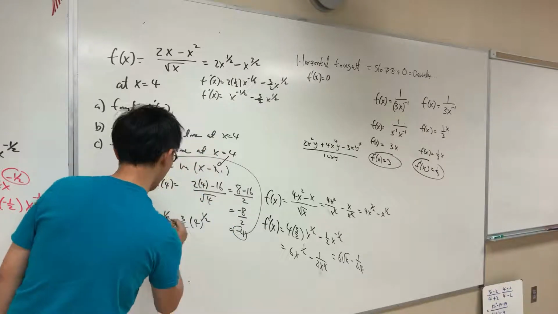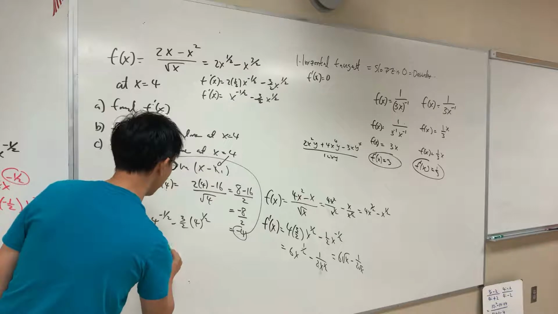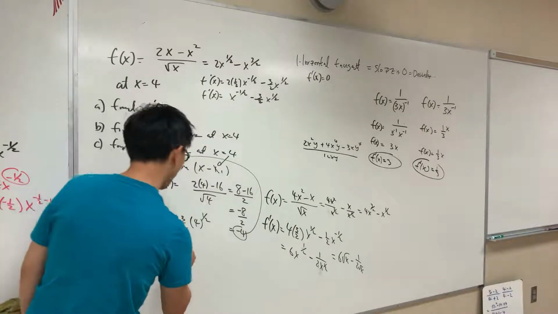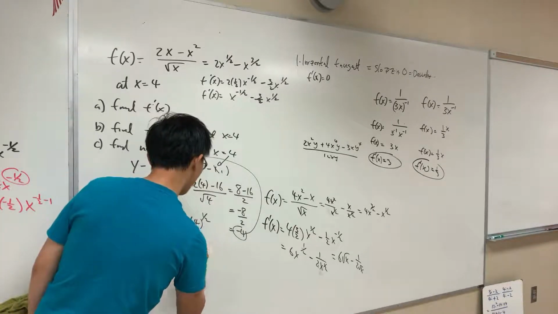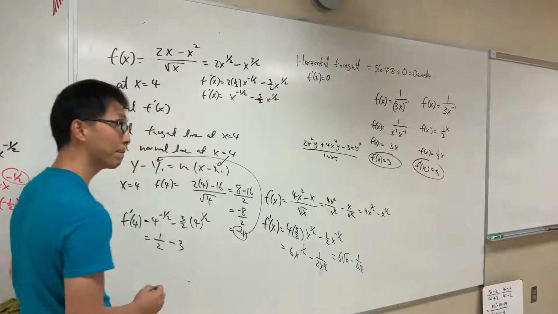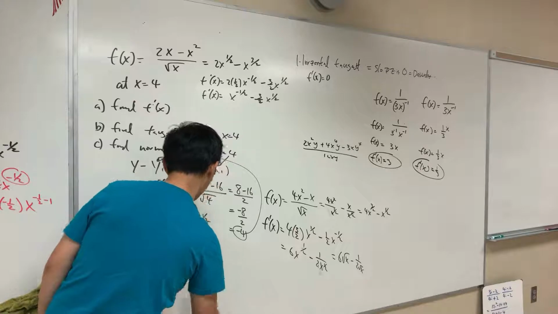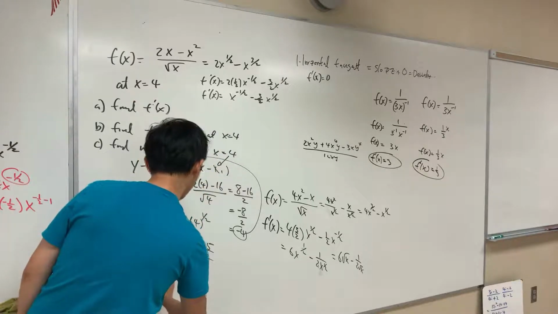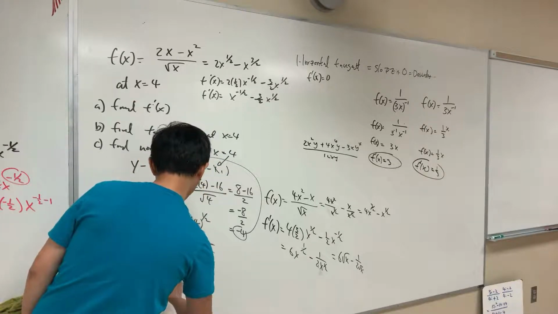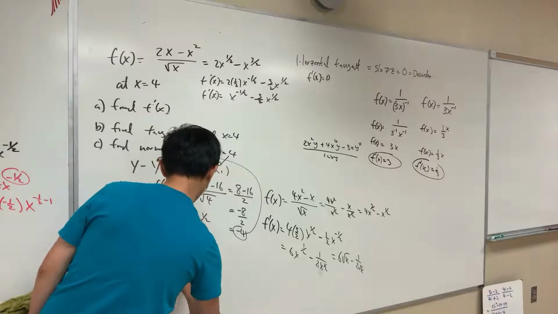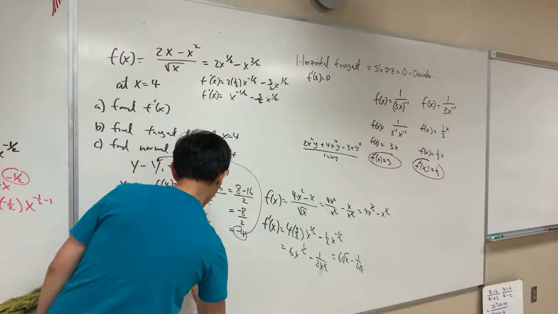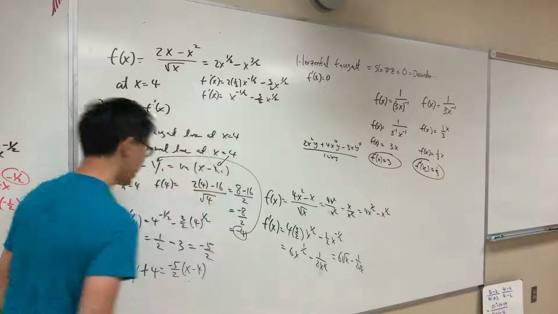So this one is 1/2, I believe, right? Minus 3/2 is 2, so it's 3. So that's equal to what? Negative 5/2? Yeah. So y plus 4 equals negative 5/2 times x minus 4. Did you get it right?